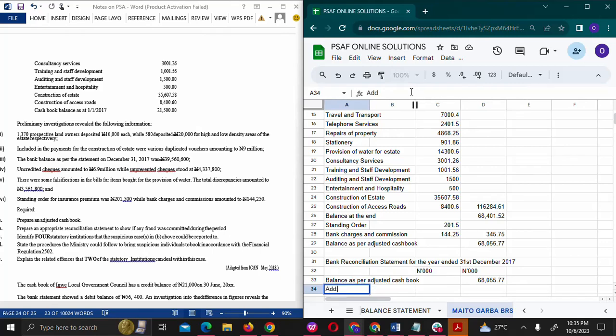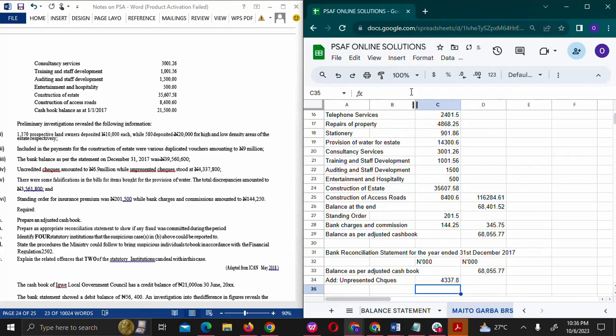Add unpresented checks. What is the unpresented check? The unpresented check is 4,337.8, right? Point eight. Yes.